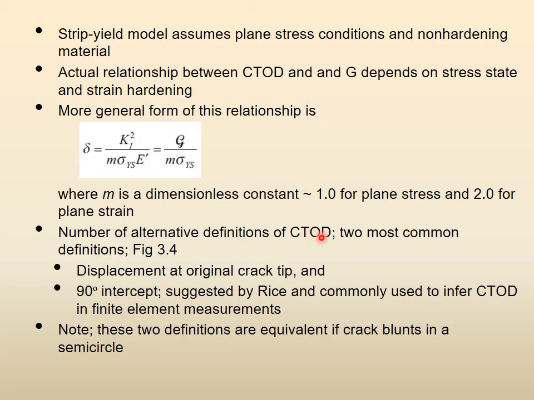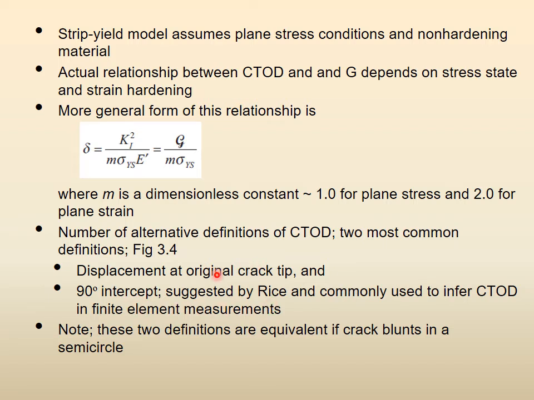Now there are a number of alternative definitions of CTOD that you see. Draw a rough sketch and show where CTOD is. So we will just show this figure. Two more common ones: displacement at the original crack tip is one definition, and the 90-degree intercept. This was suggested by Rice, another very famous scientist, and is commonly used to infer CTOD in finite element measurements.